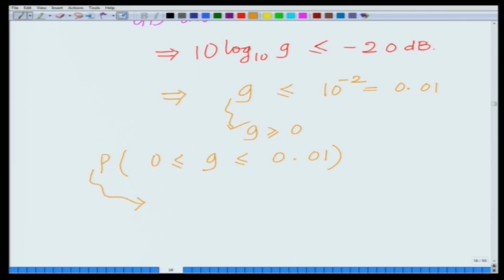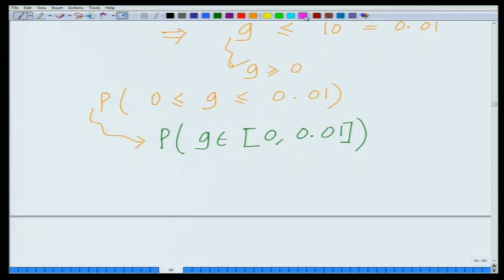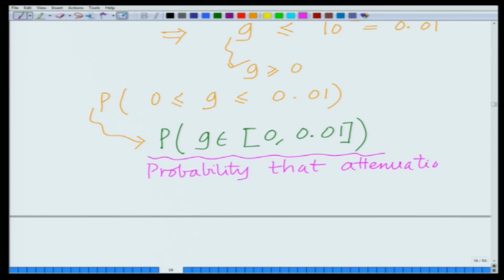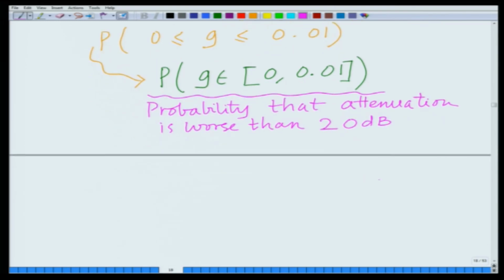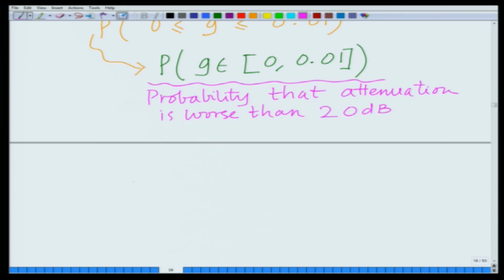So, this is the probability that attenuation is worse than 20 dB, and this is nothing but the probability that G belongs to the interval 0 to 0.01.